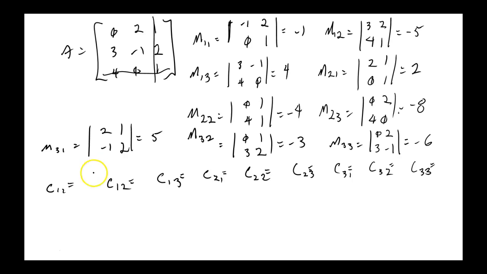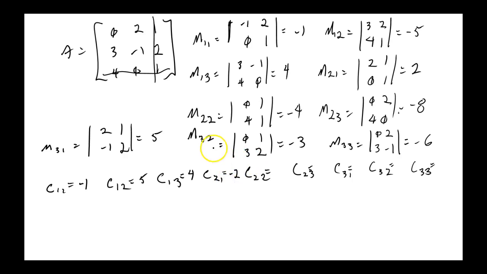What is C11? Negative 1. Same as M11 because 1 and 1 is 2, and that's an even number. C12? 5. Because 1 plus 2 is 3. That's an odd number, so you change the sign. C13? 4. C21?